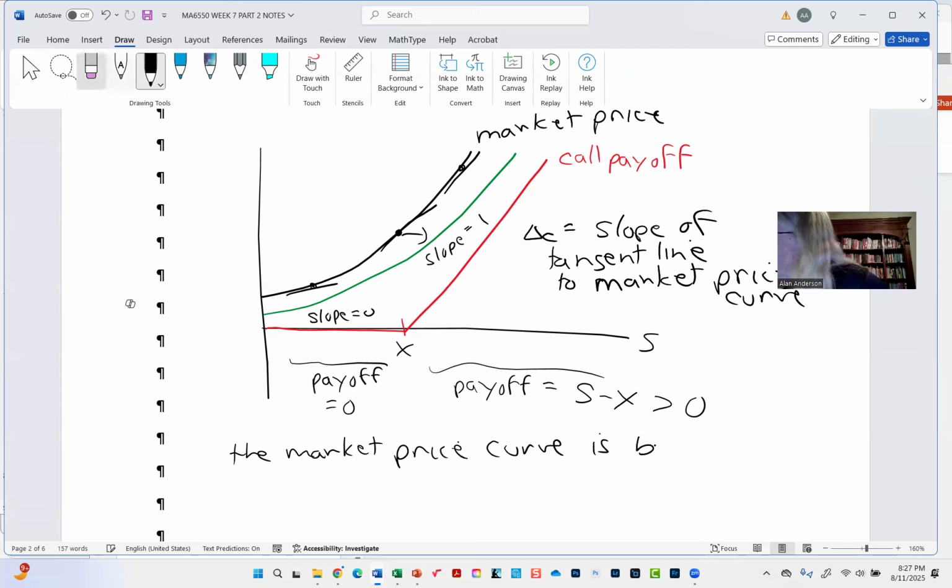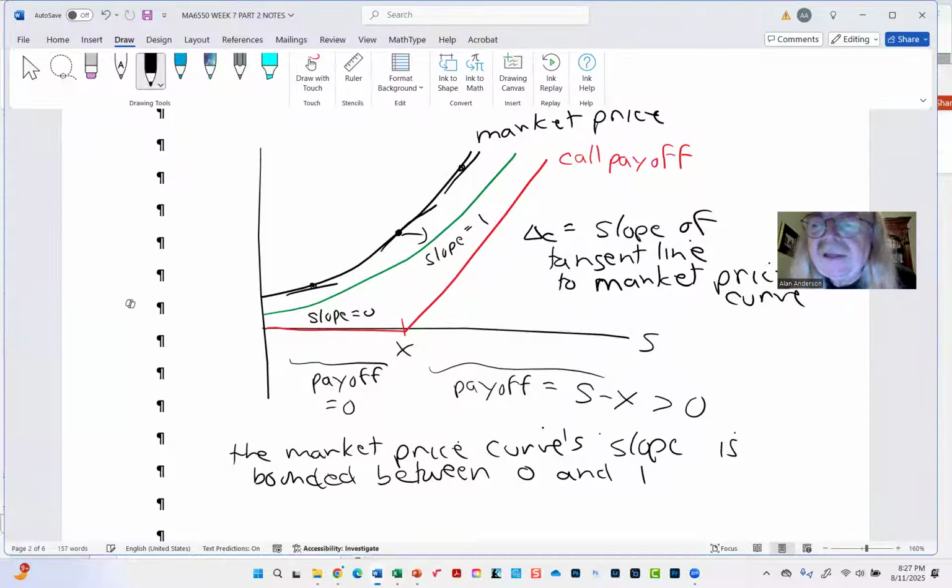Actually, what I should say is that between 0 and 1, it can't get any flatter than the payoff profile, and it can't get any steeper either.